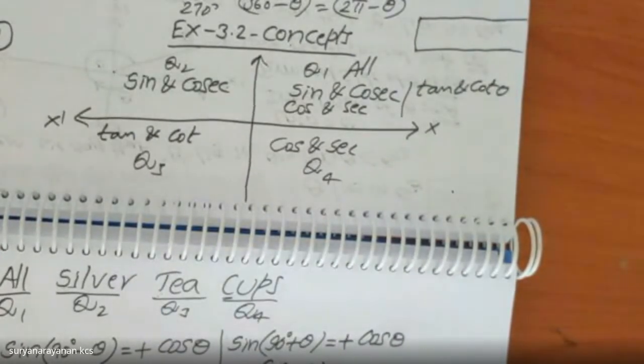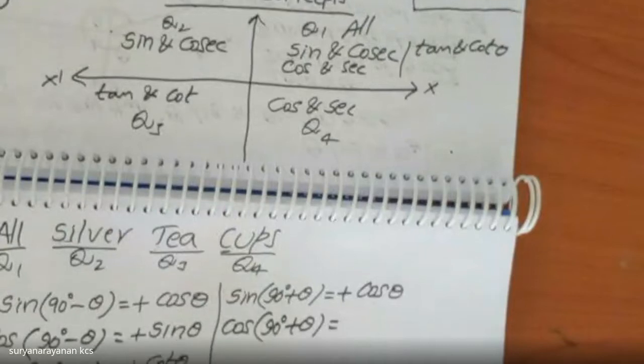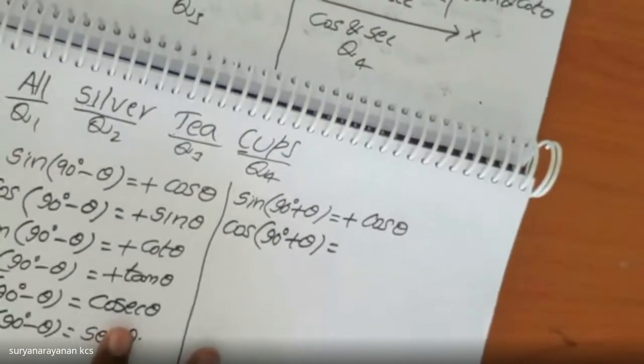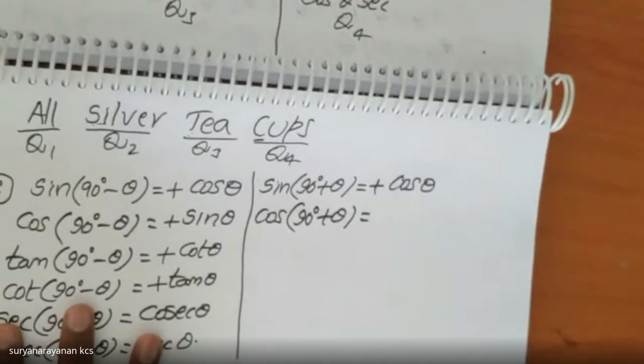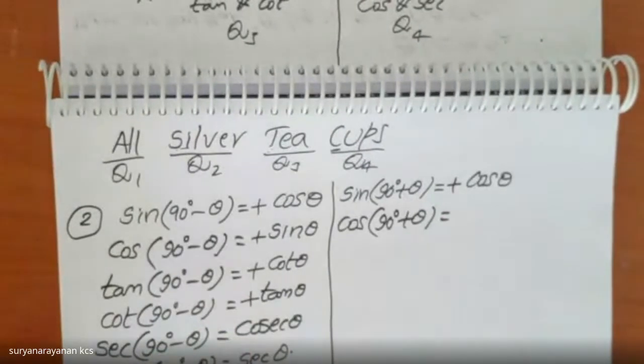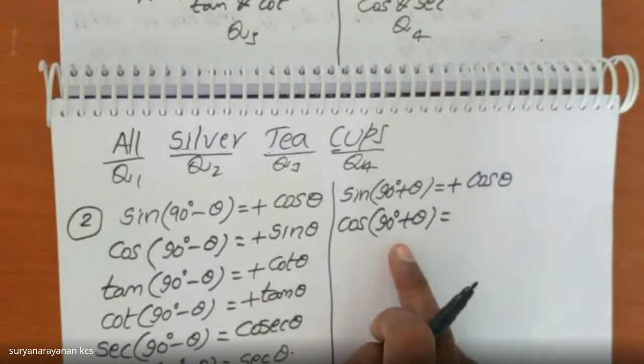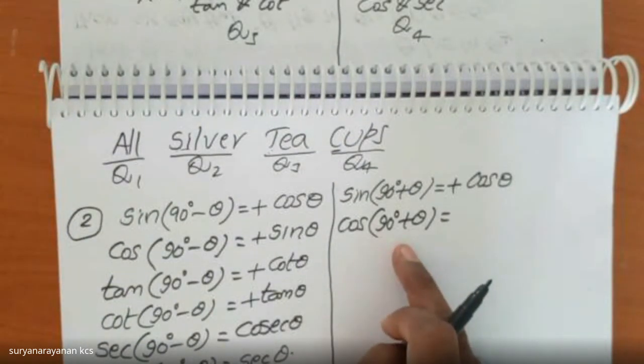Tell me, cos 90 degrees plus theta. In which quadrant does this angle lie? Does 90 degrees plus theta lie in the first, second, third or fourth quadrant? Second quadrant.